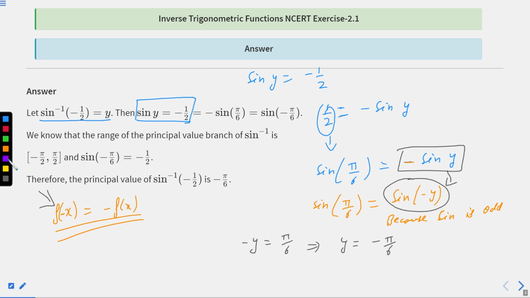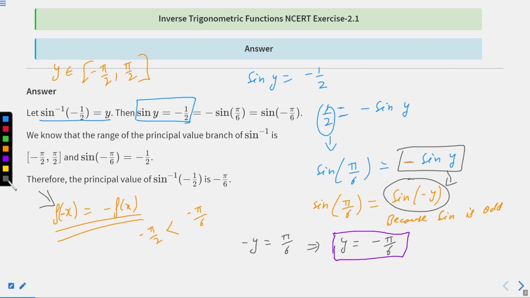Now, is this enough? We still have to confirm that y must belong to minus pi by 2 to pi by 2. Let's check. Minus pi by 6 is indeed less than pi by 2. What about, is it greater than minus pi by 2?